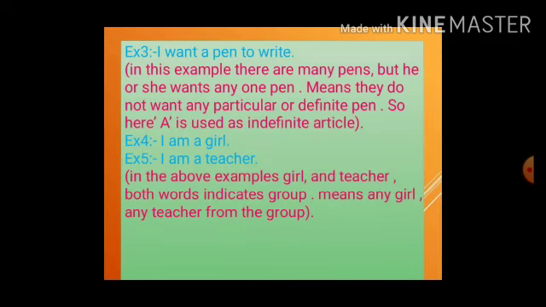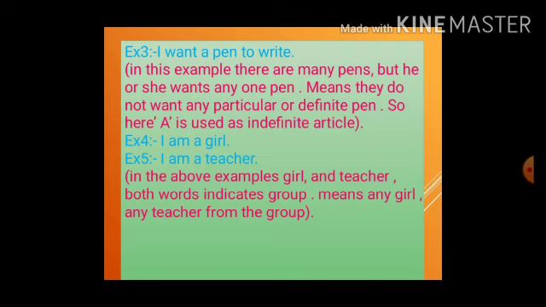Now, next example, I want a pen to write. In this example, there are many pens, but he or she wants any one pen, means they do not want any particular or definite pen. So here this article is used as indefinite article.